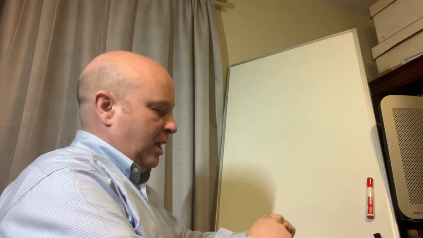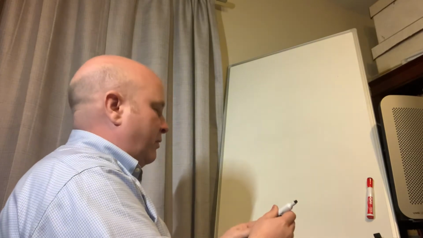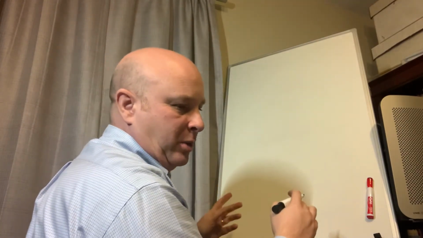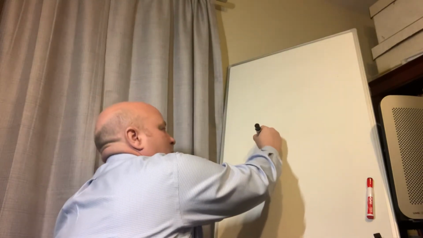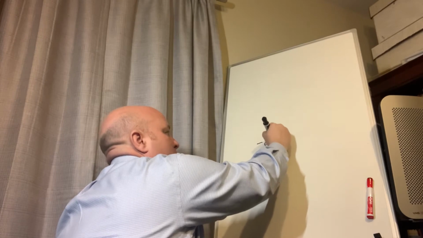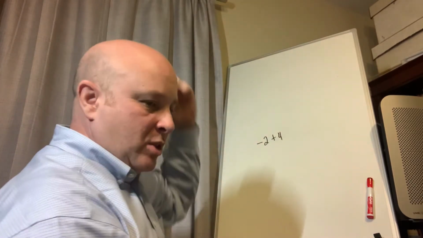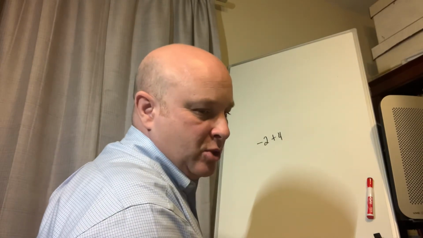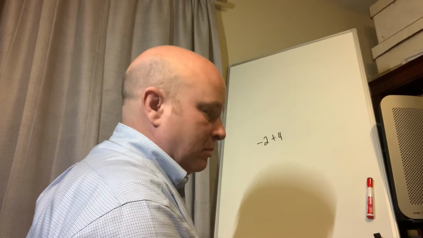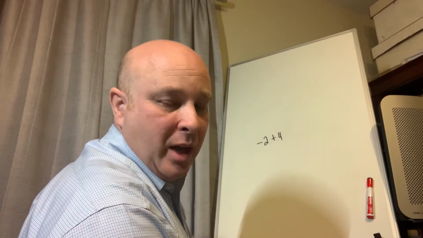All right, let's say we have, I'm going to use really easy numbers here because the principle never changes. Let's say we have a negative 2 plus 4, okay? Which of the two is larger? The larger of the two is the positive, so I know my answer is going to be positive. And you have to think of this as movements on a number line, right?